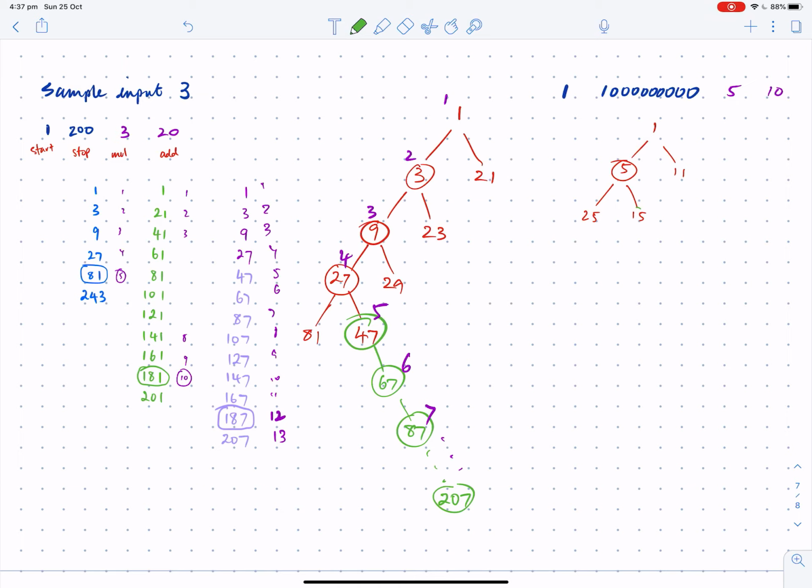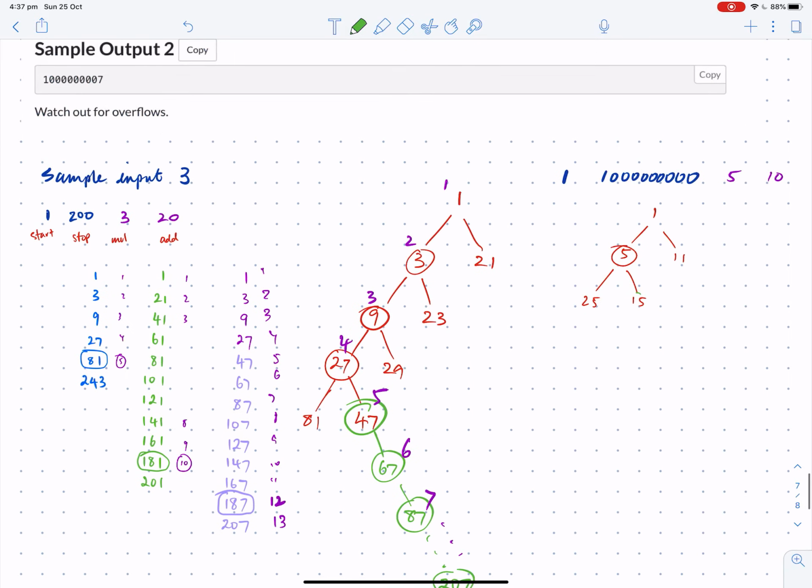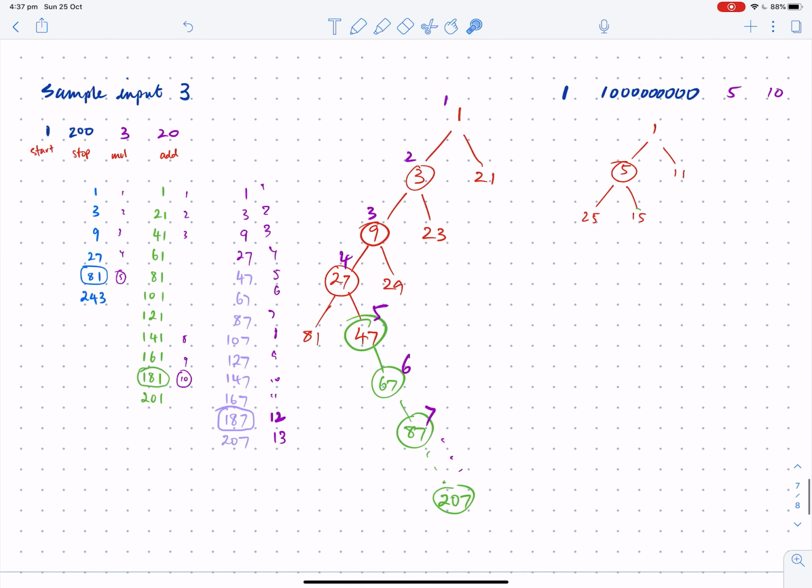Can't seem to write. Okay, well, my software has a problem. I can't write anymore. So I'll just quickly say we get 1, 5, and then 15, 25, 35, and so on.